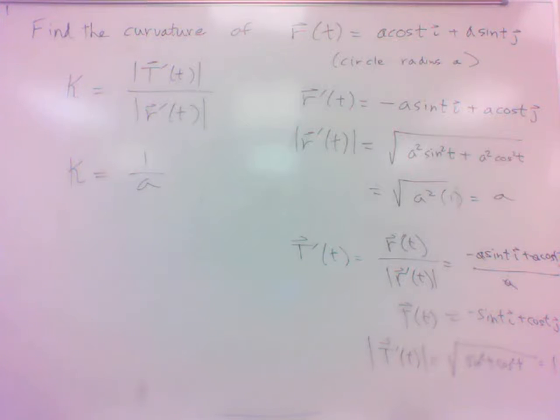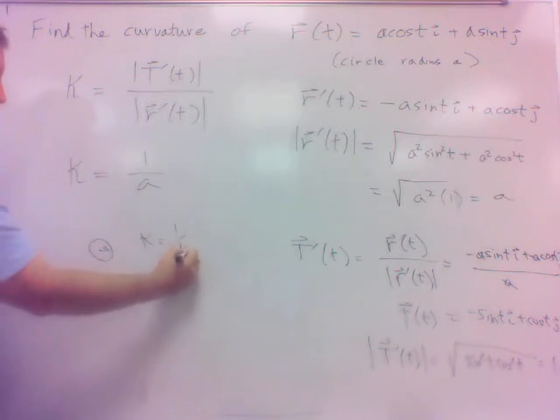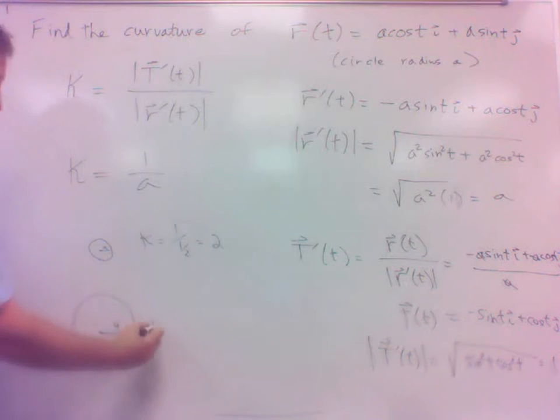which the book points out is just intuitive, because if you have a small circle, the a here is pretty small, say it's a half, that's going to mean, relatively speaking, large curvature, because the curvature, let's say a is a half, is going to be 2. But if you have a larger circle, like 4, the curvature is just 1/4.